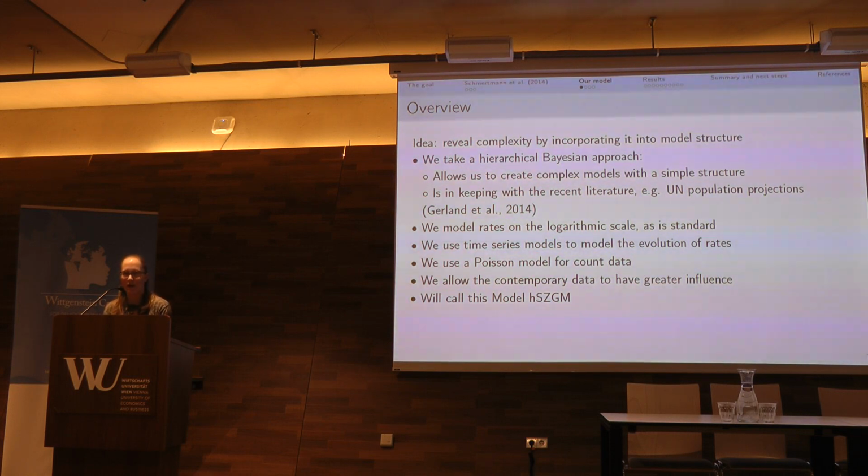And we still divide the data into contemporary and historical parts, but we allow the contemporary data to have more weight and greater influence on the results, because we think that this will lead to more realistic forecasts as opposed to just using the historical data to give all the prior information. And we'll call this model model H, as in hierarchical, to indicate the hierarchical nature.